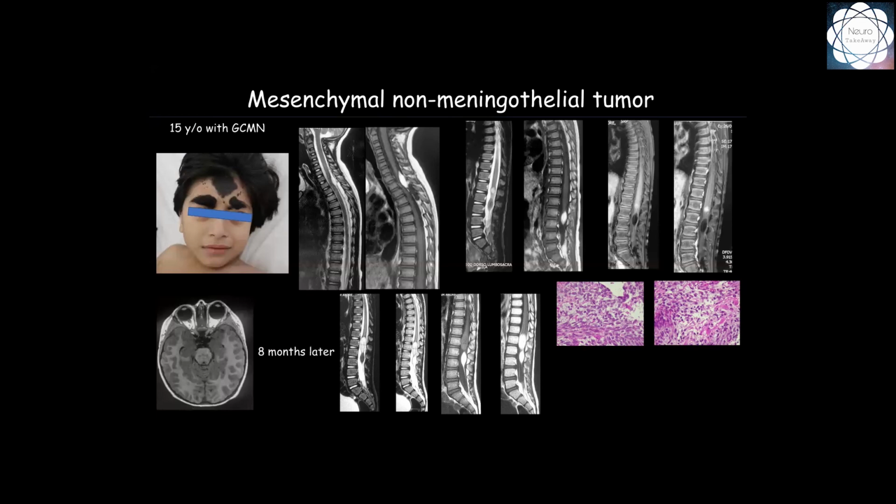They were all negative, so they ended up performing the genetic study, which revealed these 3 alterations. One of them is the NRAS, which is typical of neurocutaneous melanosis. And these 2 alterations are typical of some soft tissue sarcomas. So it was tough to classify this tumor, but we can say that it was a mesenchymal non-meningothelial tumor.